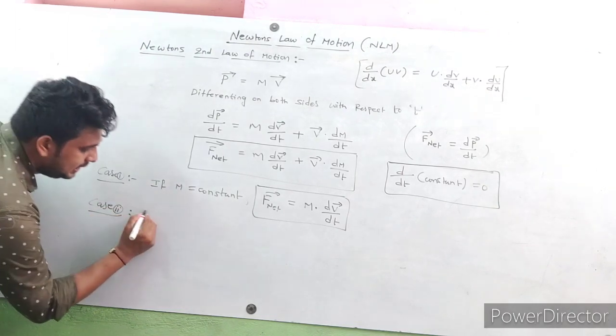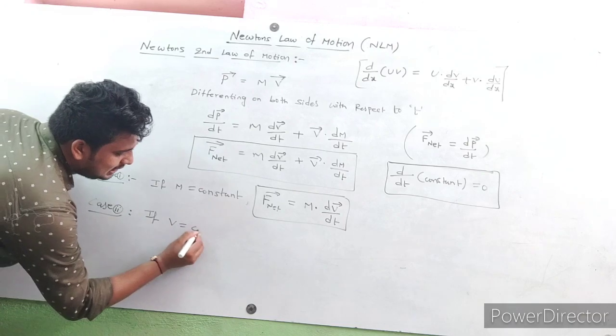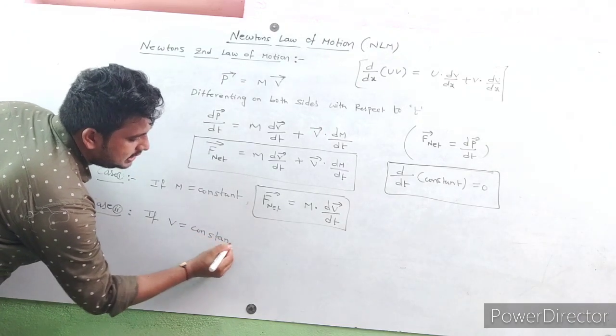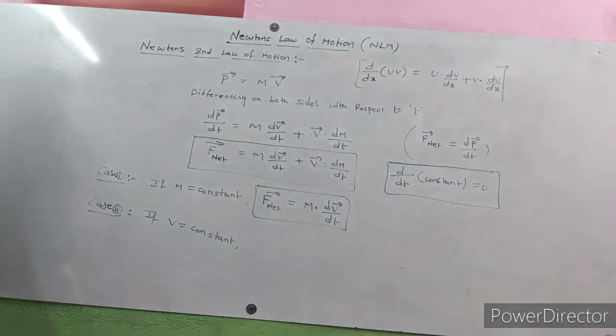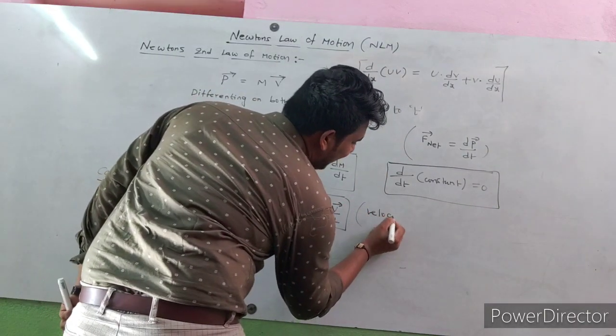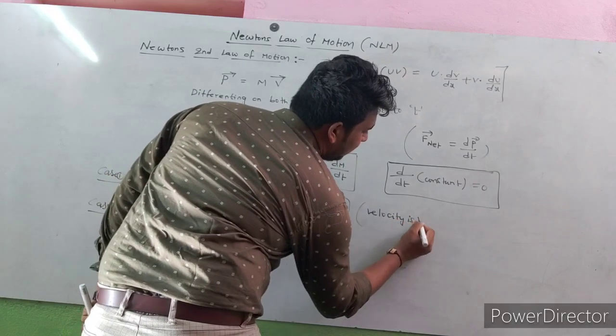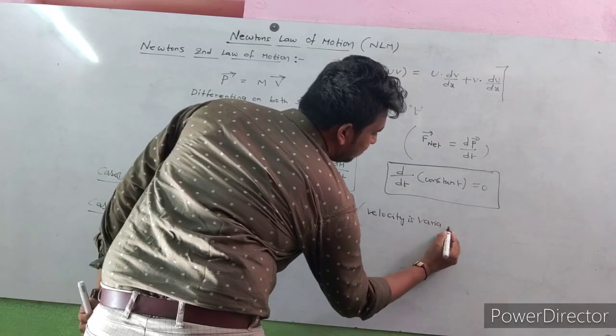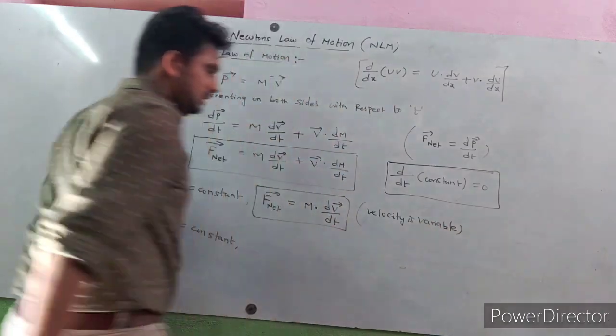Now case 2: apply this formula if velocity is equal to constant. In the previous case m was constant and velocity was variable.